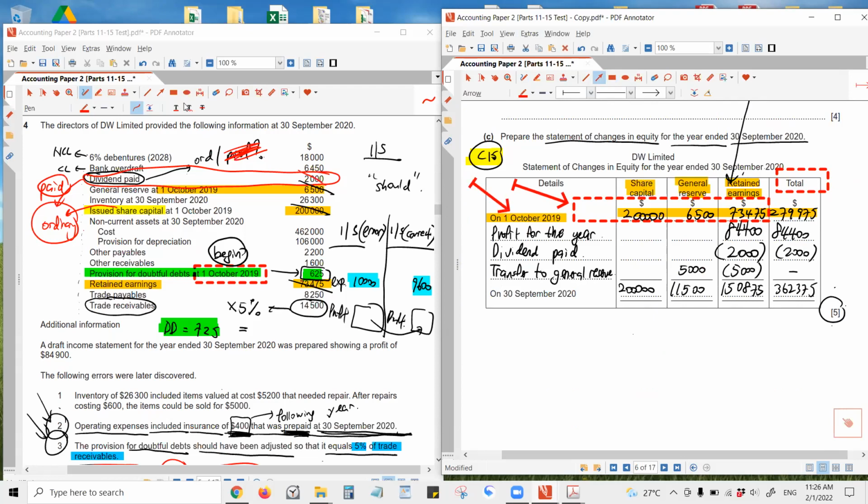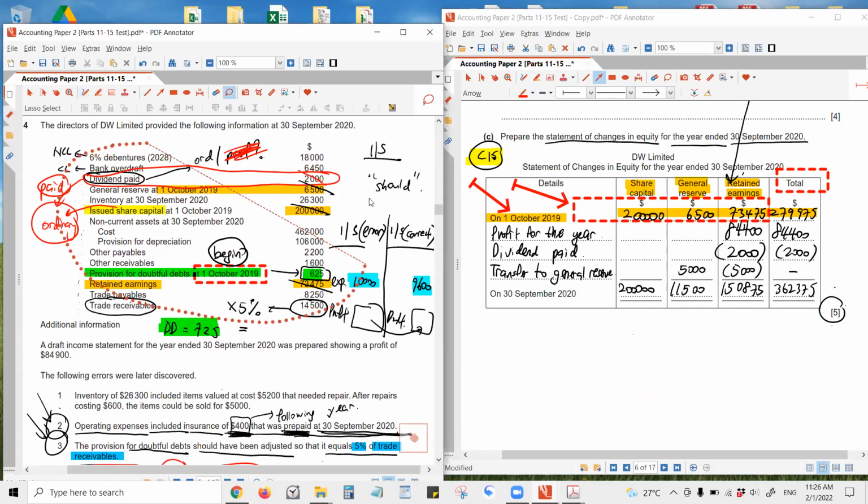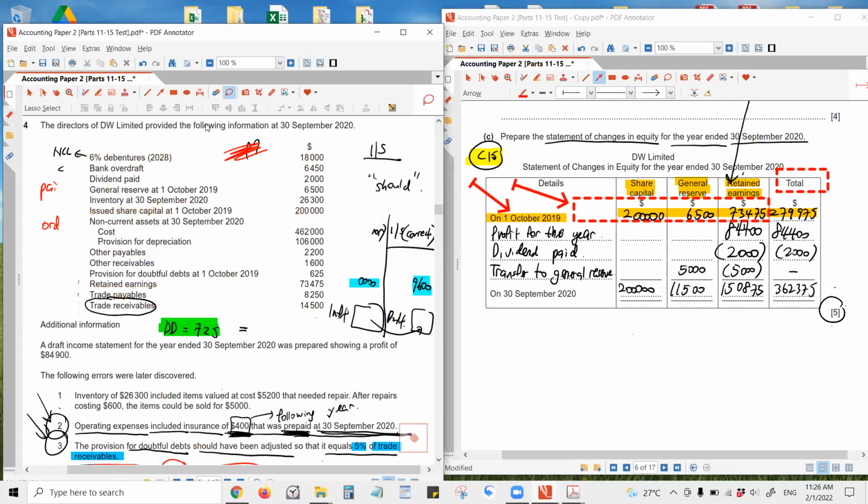If you see the question carefully, general reserve is stated here at the beginning of the year. Share capital is stated here at the beginning of the year. What about retained earnings? Retained earnings is not stated here as being at the beginning of the year, right?